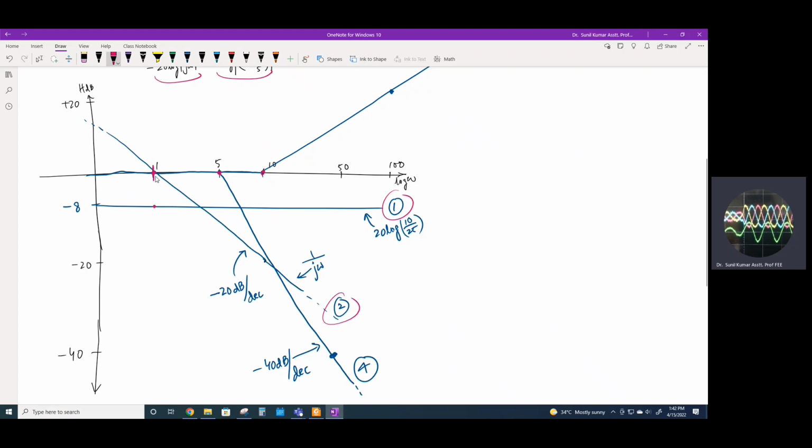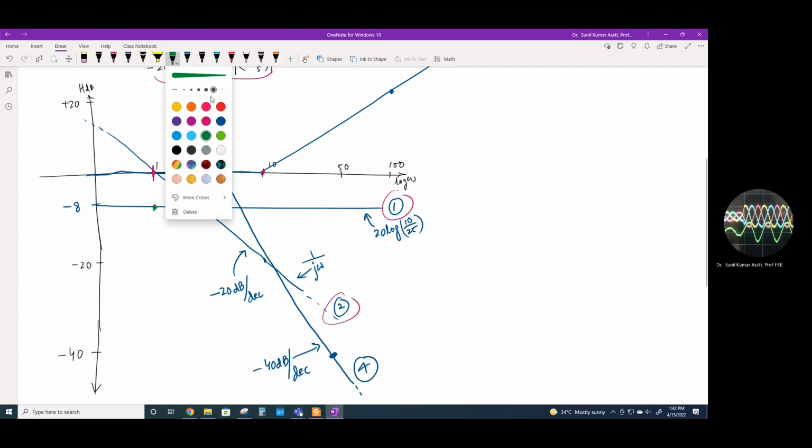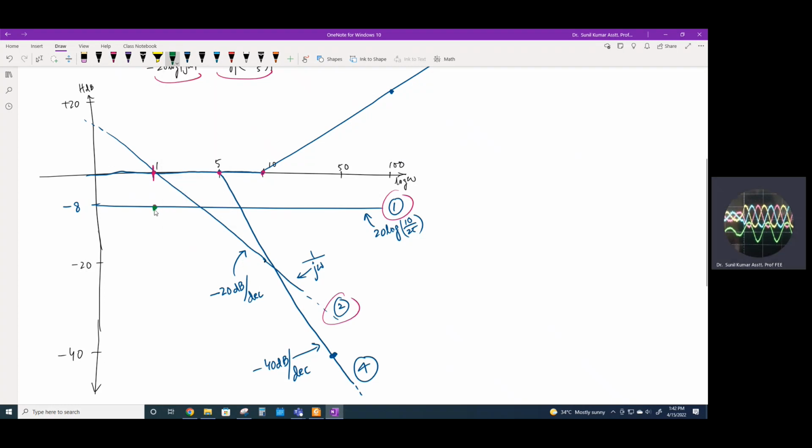So when we add these 2 points, I will reach minus 8 dB. Okay, and when we combine a horizontal line with zero slope and this negative slope line with a rate of minus 20 dB, the resultant will be a line with a slope of minus 20 dB.